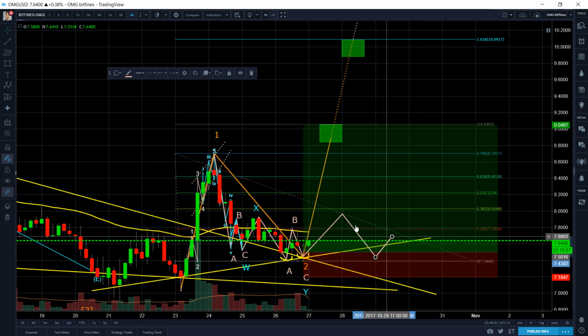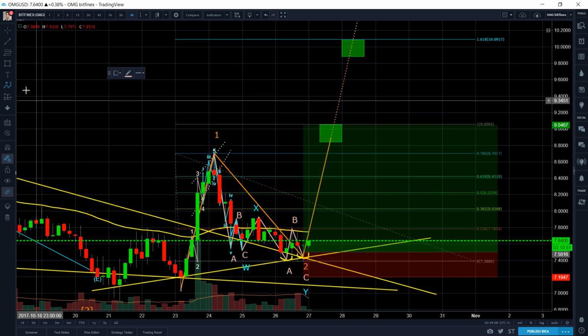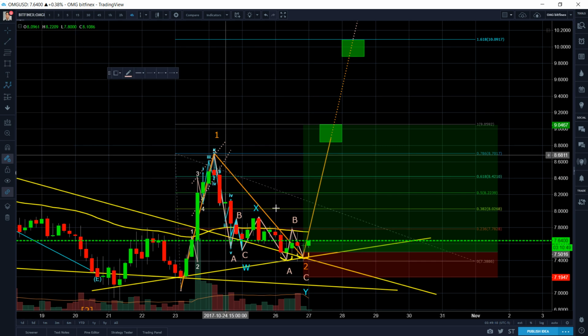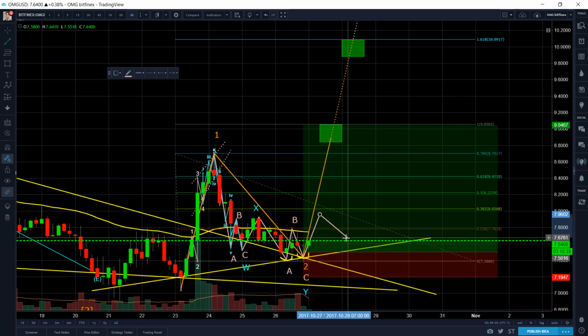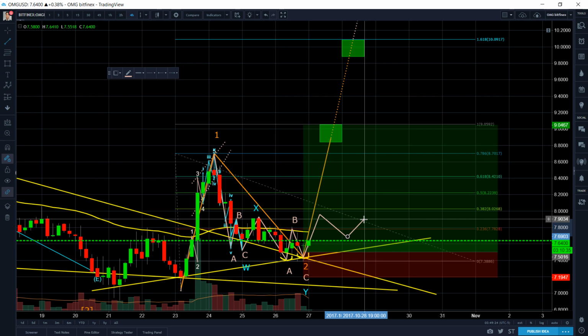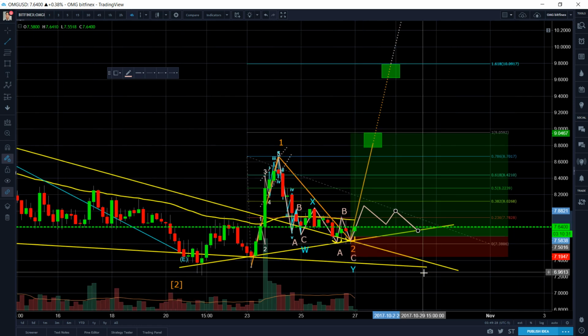Actually, realistically, I'm just thinking about this major support line and how it's not likely. So this is actually a very likely case. I'm just going to go over it with you guys. So we could get something like that just to get extended.